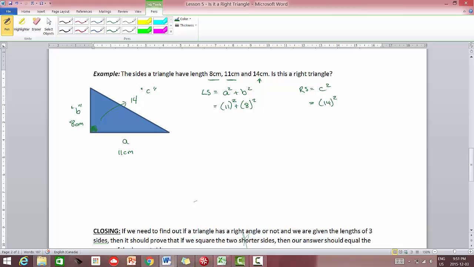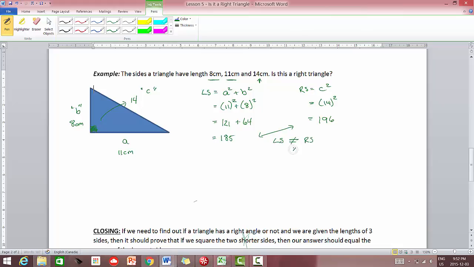Okay, evaluate those. 11 squared is 121, 8 squared is 64, and together they make 185. On this side, if you need to use a calculator, go ahead. 14 squared should end up being 196. You look at both of these, and left side does not equal right side.